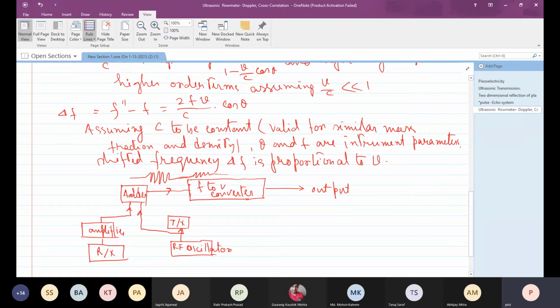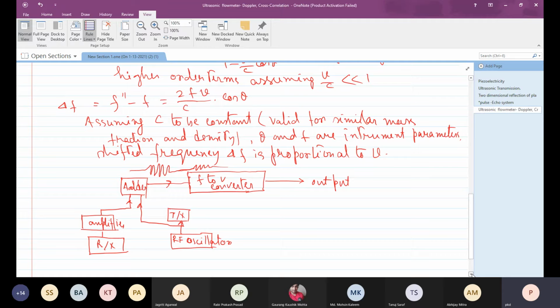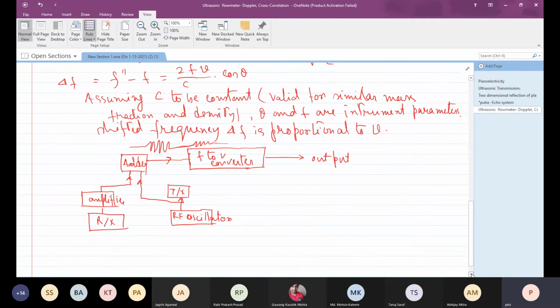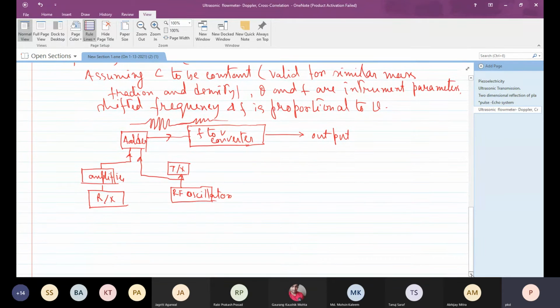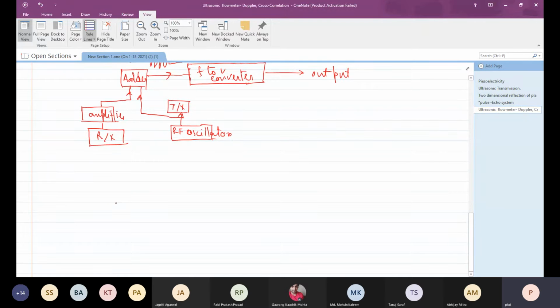Of course, there would be some floor noise level which may affect the frequency estimation in a real scenario, because there could be multiple scattering. That may give rise to the floor noise. Also, there will be reflection from the other side of the pipe. All those give rise to the floor noise, so in a real scenario, that needs to be taken care of.